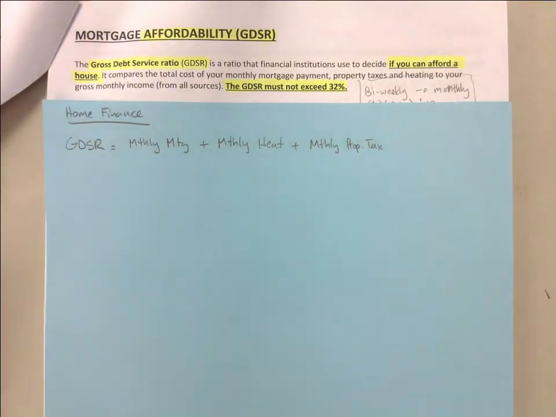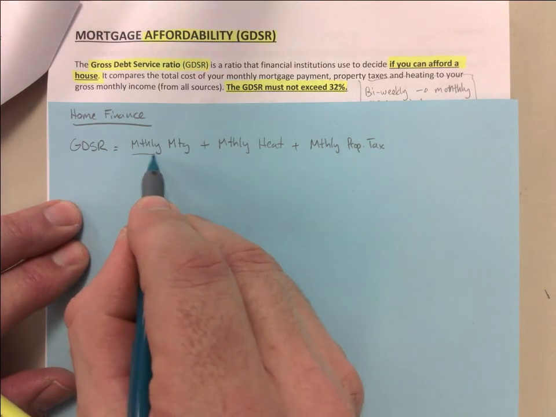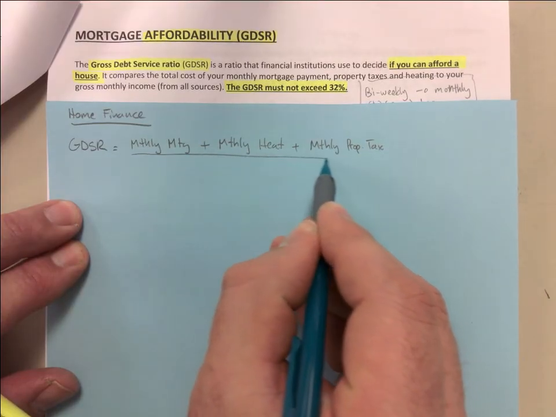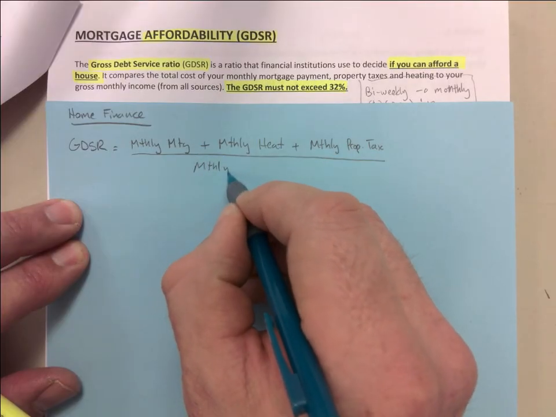Emphasis on monthly. All of this divided by monthly income.